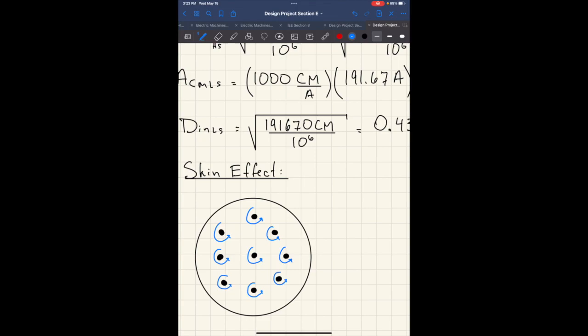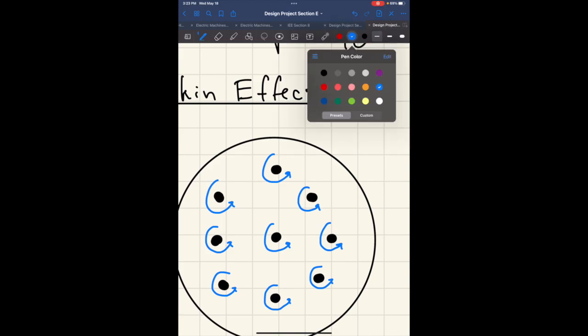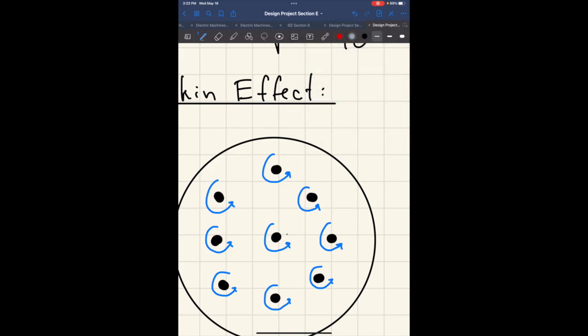Okay? And let's consider, for example, a loop like this, okay, inside the conductor. In other words, if you were to consider, let's say this is the conductor.